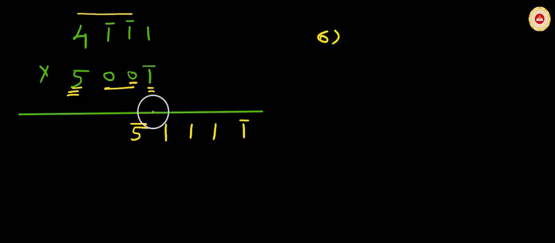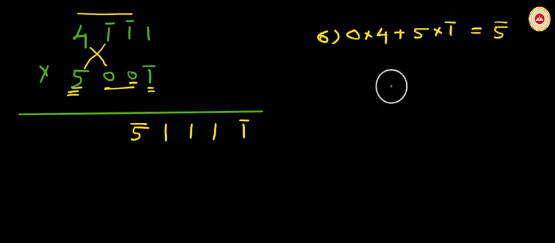Step number 6. Now friends, exclude the second column also and consider these 2 columns. Multiplying the digits crosswise, 0 multiplied by 4 plus 5 multiplied by minus 1, which is equal to minus 5.